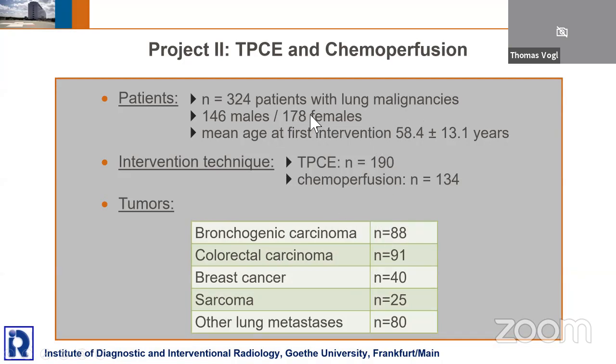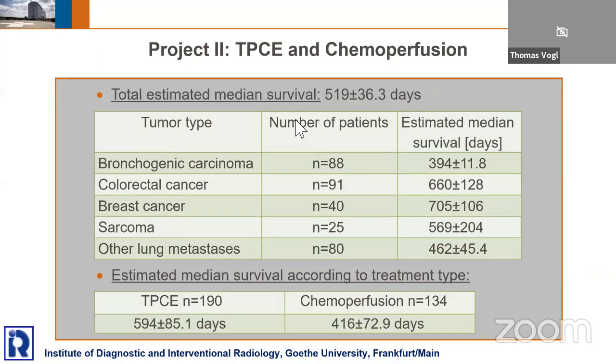You see there's a nearly equal range between males and females, about 300 patients. If you look at the survival, of course, what we expected in these series is that in lung cancer we have a lower survival rate than in patients with colorectal cancer and breast cancer, but this is mainly due to the overall data.